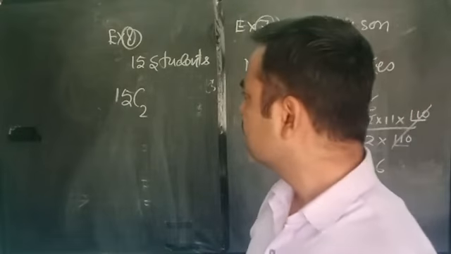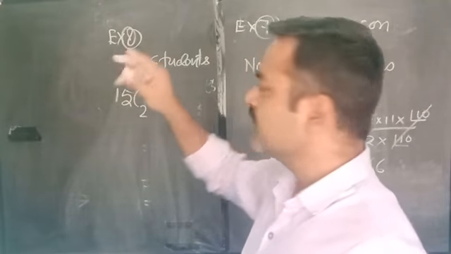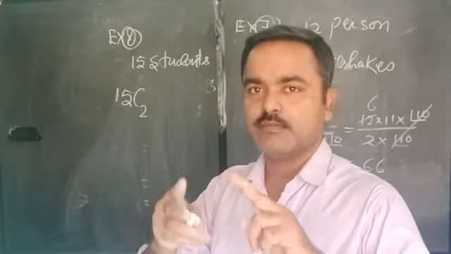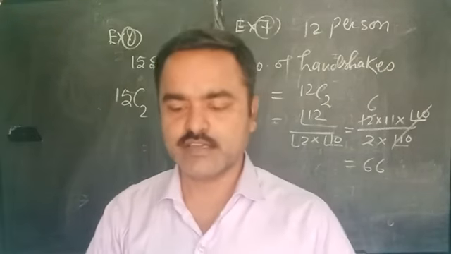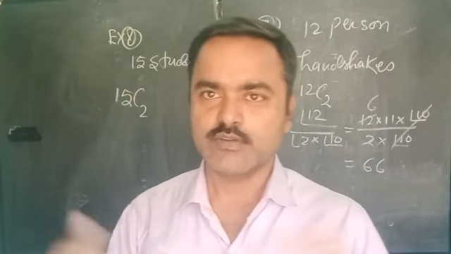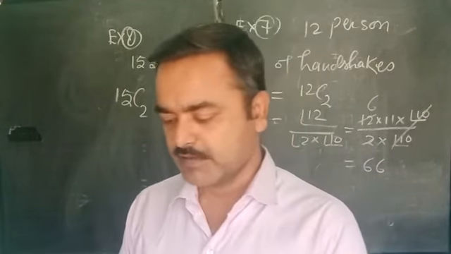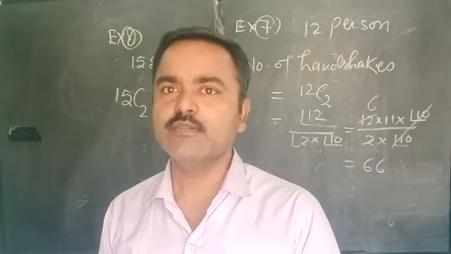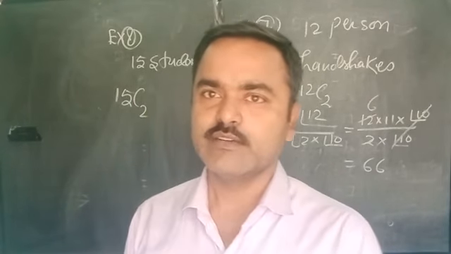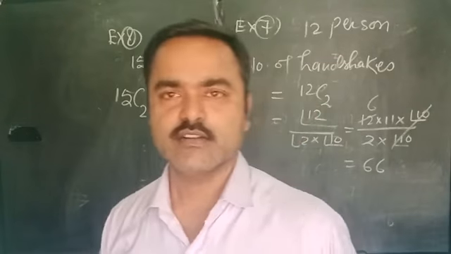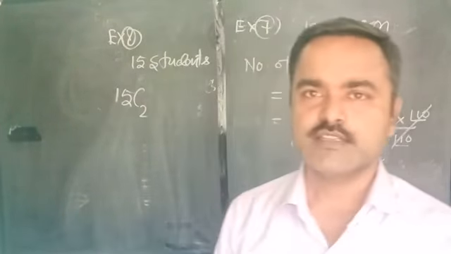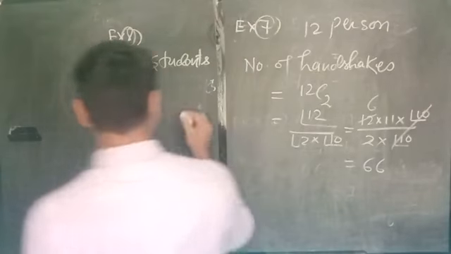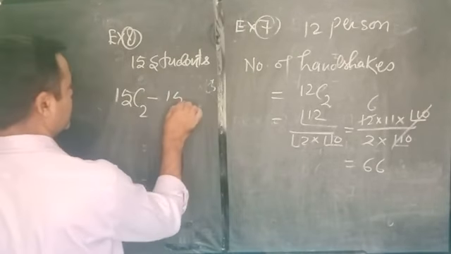At least 2 persons are required for a handshake. One person cannot shake hands with 2 persons. Then the total neighboring pairs are 15 into 2, that is 30, but this will repeat, so just divide by 2. So this is 15.